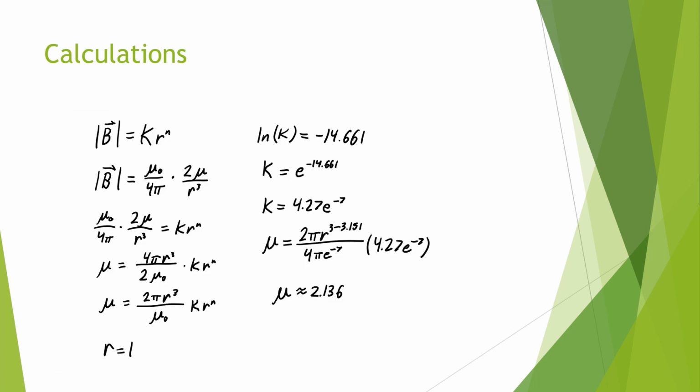Here are some calculations where the distance dependence of magnetic fields formulas were used. Those were mentioned earlier in the presentation, and from those mu was calculated, as well as r, which is 1, as you can see down below.